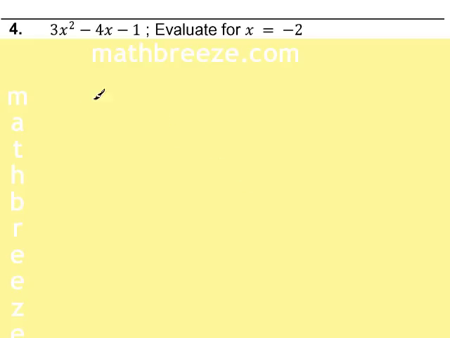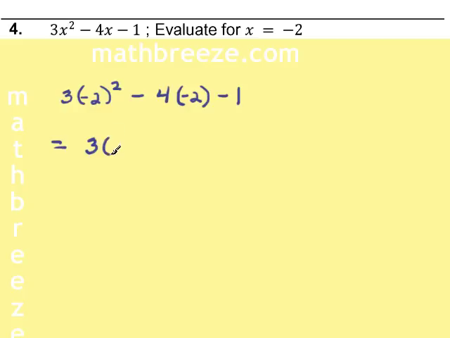In number 4, let's rewrite. 3 parentheses squared minus 4 parentheses minus 1. Let's substitute in that negative 2. And we'll start evaluating, starting with the exponent, exponentiation. Minus 2 times minus 2 is positive 4.